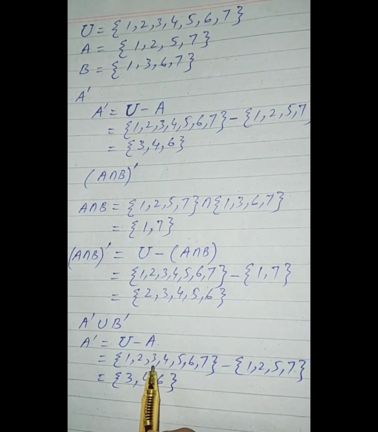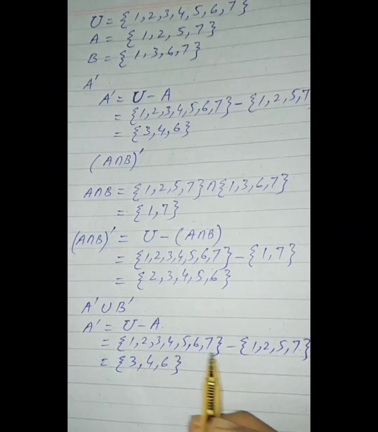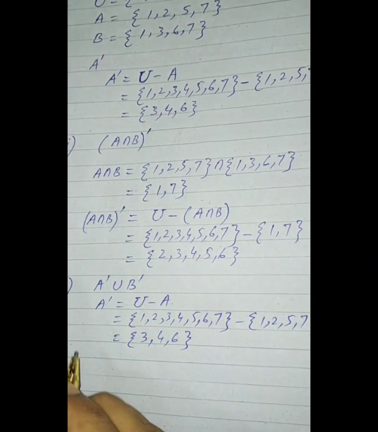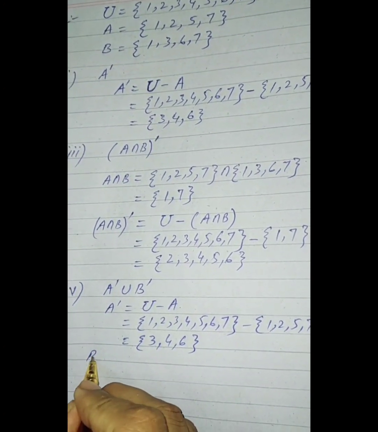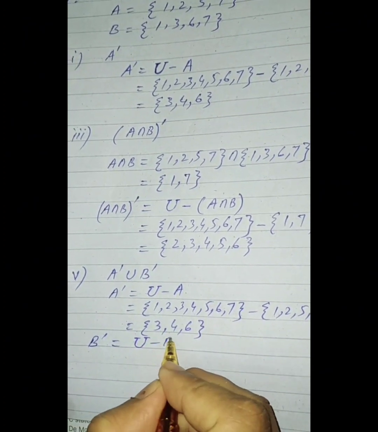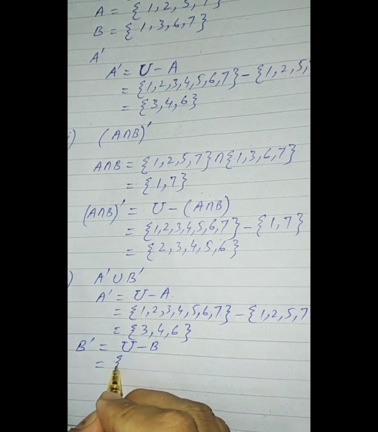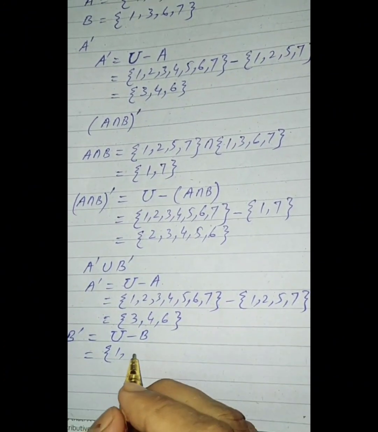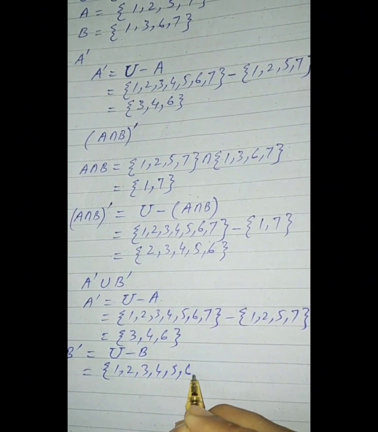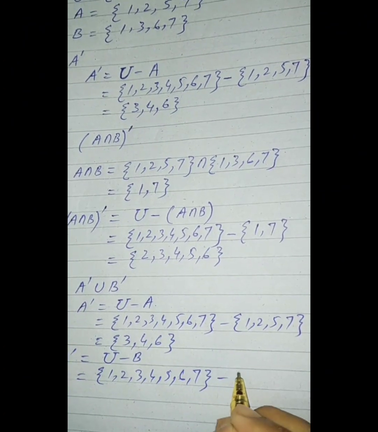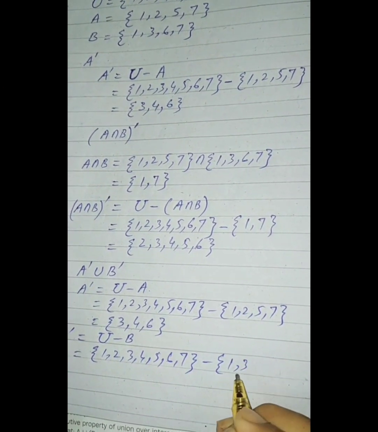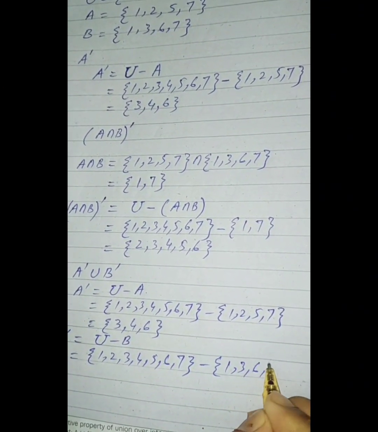Means the set of those members of the universal set which are not present in A. Okay, now we need to find B complement, and B complement equals universal set minus B. The universal set is a set of 1, 2, 3, 4, 5, 6 and 7, and B is a set whose members are 1, 3, 6 and 7.